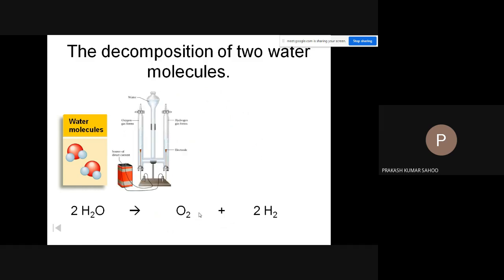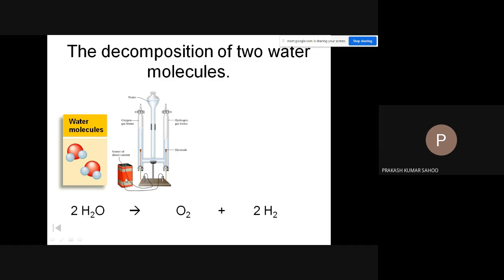Then this is the electromigration or electrolysis apparatus, where there are two electrodes, and the middle part will be only water, which is connected to your external source of electricity.